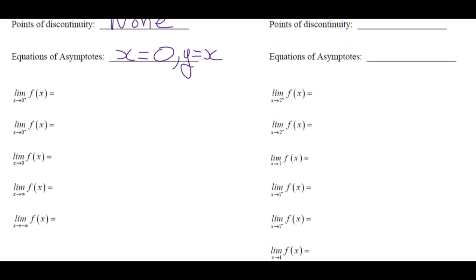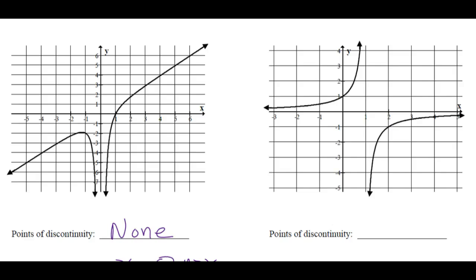And limits. The limit as x approaches 0 from above, or in other words, as we go this way from right to left. From above means coming at it from a positive direction towards a negative direction. So what's this limit? Negative infinity. What's the limit as we approach 0 from below?